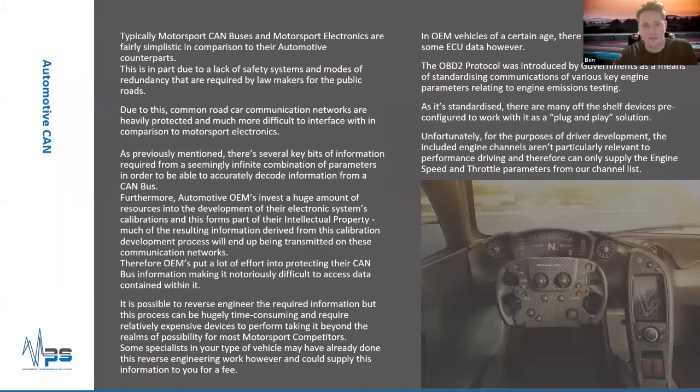If you're trying to put a motorsport data logger into a largely road car based platform, it can become very difficult very quickly. There's a bit of information on this slide about how an automotive CAN bus system works. I'll just take a few key points from it.